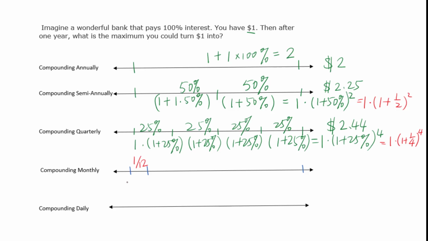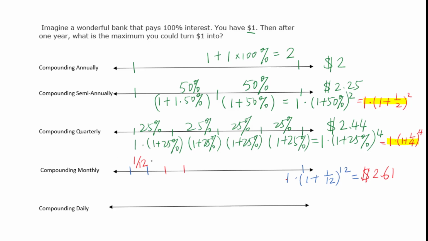So the interest will be calculated 12 times. According to this pattern, we can get the money after a year: 1 times 1 plus 1 over 12 to the 12th power. That equals $2.61.